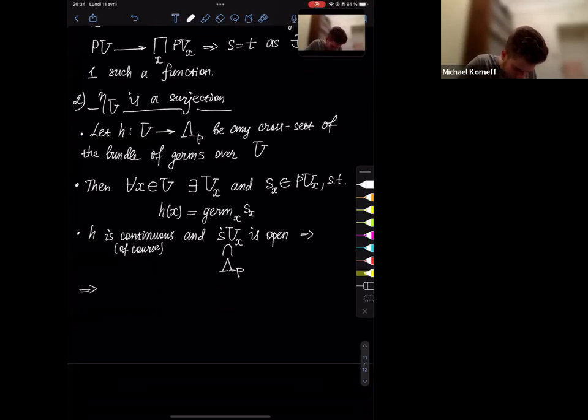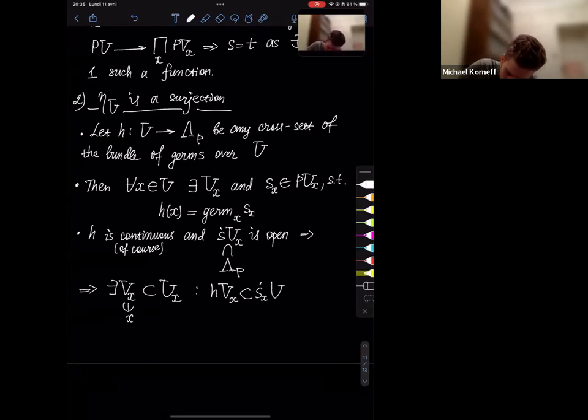Then there exists an open neighborhood Vx of x, which is a subset of Ux, such that h of Vx is a subset of Sx dotted of Ux by definition of a continuous function.